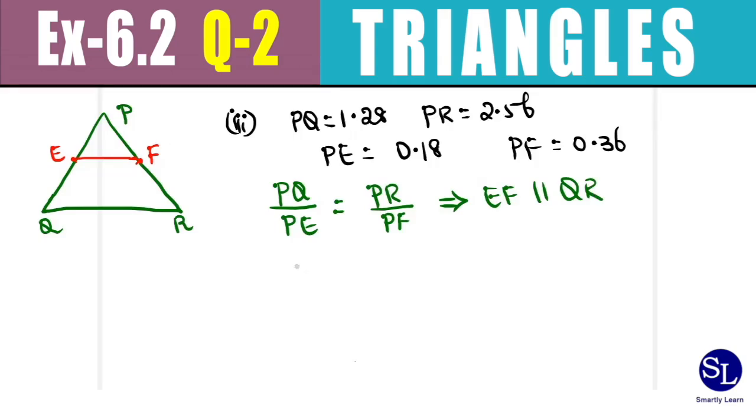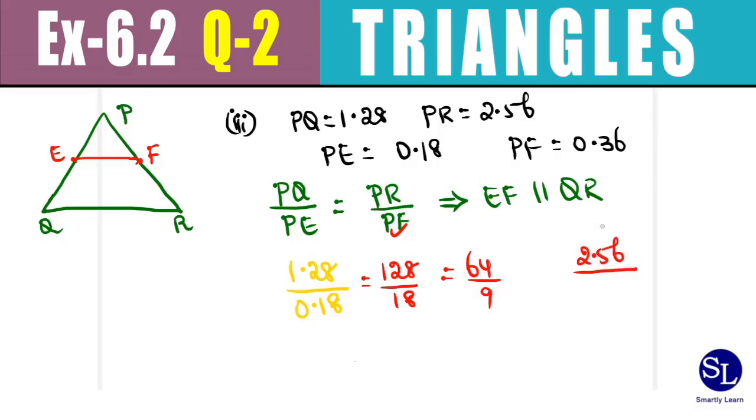Here PQ is given as 1.28 divided by PE, which is 0.18. I can remove the decimals, so this becomes 128 divided by 18. On simplification, it is 64 by 9. Now let's repeat the process for PR by PF. PR is 2.56 divided by PF, which is 0.36.